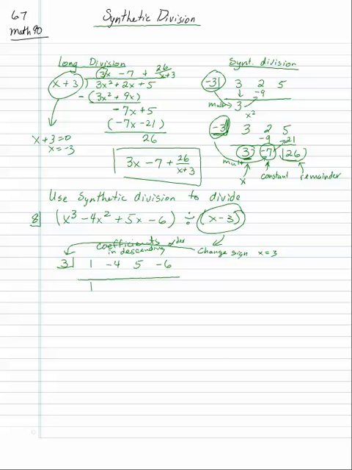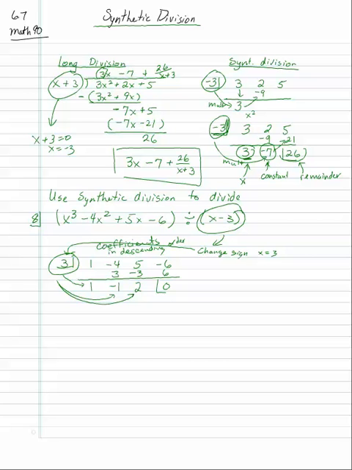Bring your first term down, and then you multiply everything in the bottom row by that 3. And you go 3 times 1 is 3, and then you add down the column. Negative 4 plus 3 is negative 1. And then I multiply by 3, add down the column, and then I multiply. So that's 6, and then I add down the column.